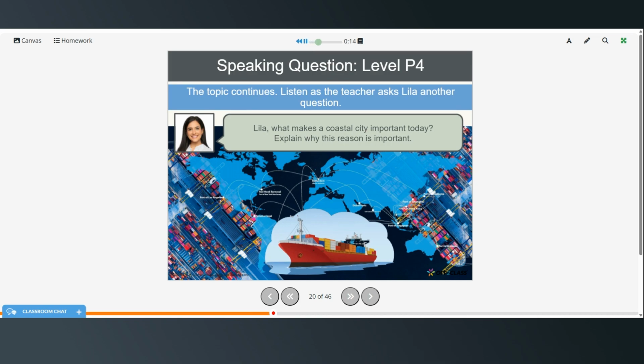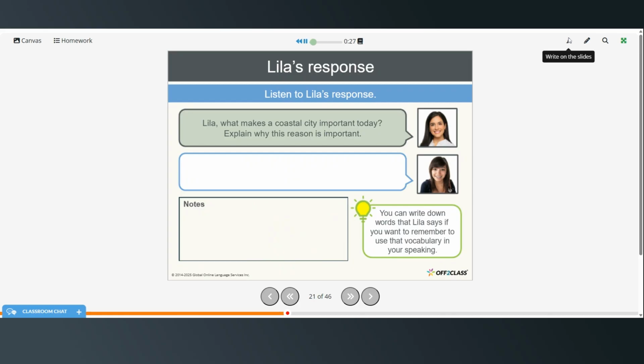Now listen to the teacher ask Leela a question. Leela, what makes a coastal city important today? Explain why this reason is important. Now listen to how Leela answers the question. Coastal cities are important today because they connect people to other countries.